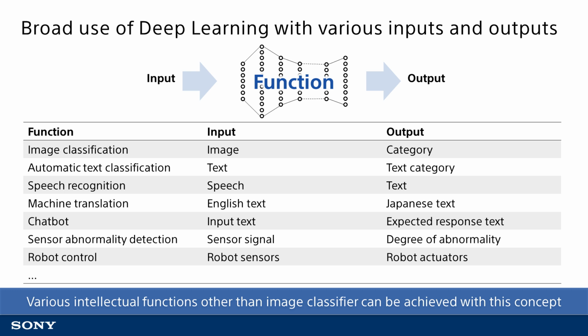Configuring the neural network in this manner allows it to function as speech recognition. A truly wide variety of functions can be achieved by changing input and output in this way. This general versatility is one of the main reasons that deep learning is called a disruptive technology.